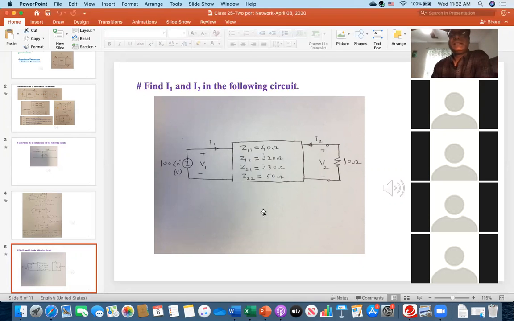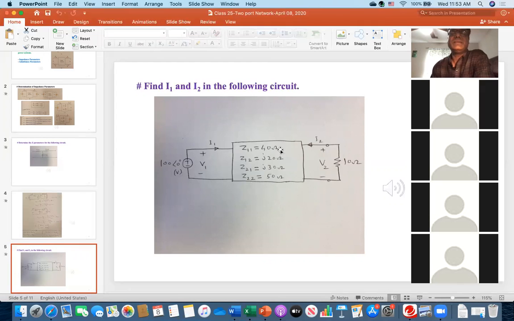So everybody see, what's the problem here? In this case, I am asking, find I1 and I2 in the following network. On the left side port, there is a voltage source with magnitude 100 and angle 0 degree, and I1 current is flowing. I have given the impedance parameters Z11, Z12, Z21, and Z22.